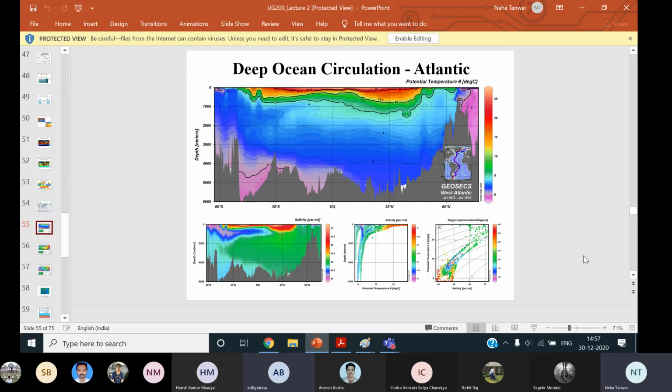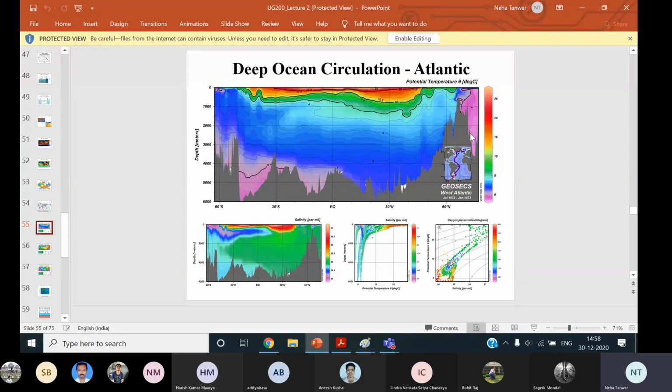So on the y-axis we have depth, and on the x-axis we are moving from the North Pole towards the South Pole. What do we observe at about 70 or 80 degrees north?